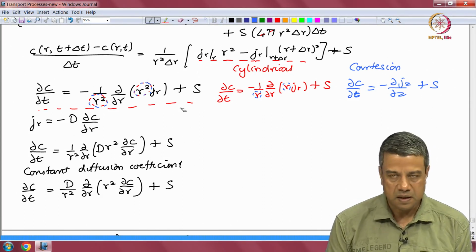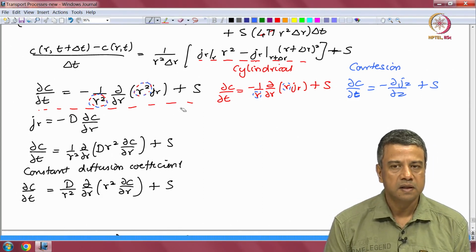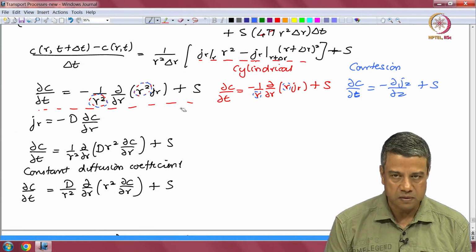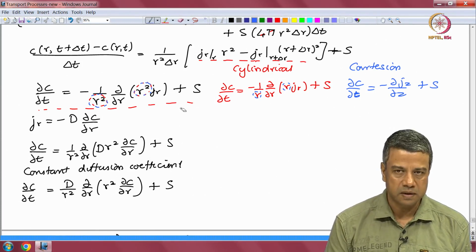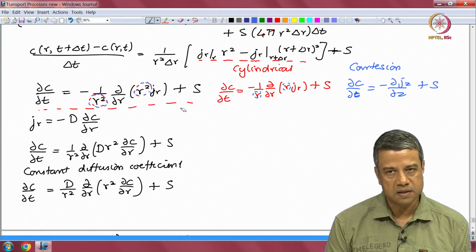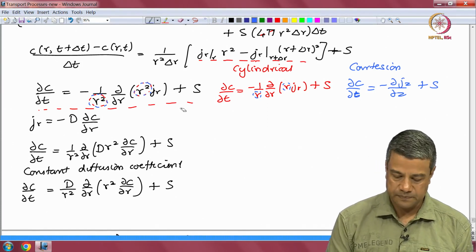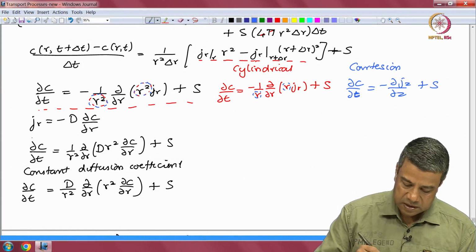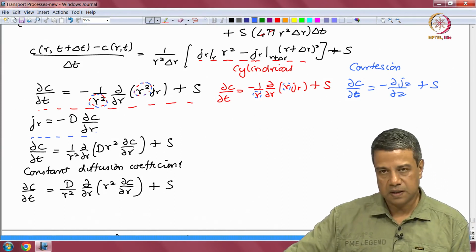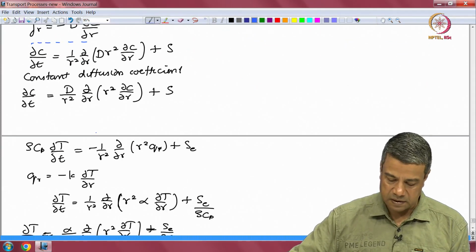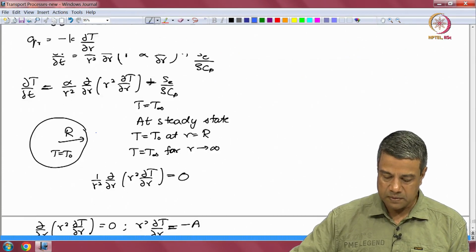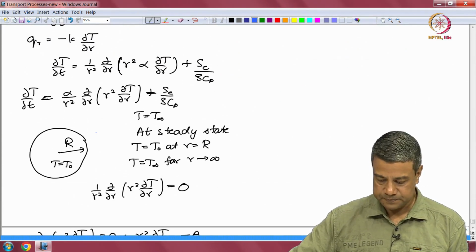And these factors arise because the surface area is proportional to r in a cylindrical coordinate system, and proportional to r square in a spherical coordinate system. Fick's law has the exact same form, whether it is cylindrical, spherical and so on, and from that we get the conservation equations.